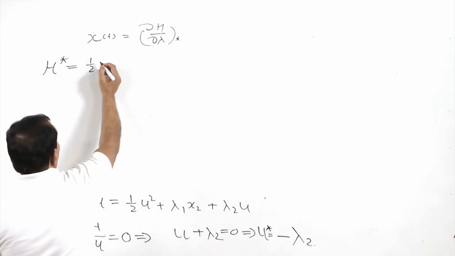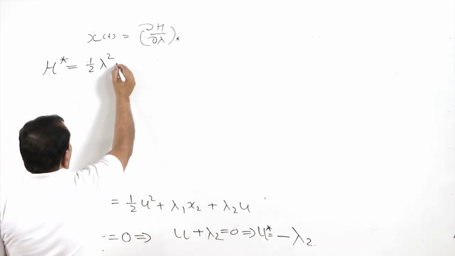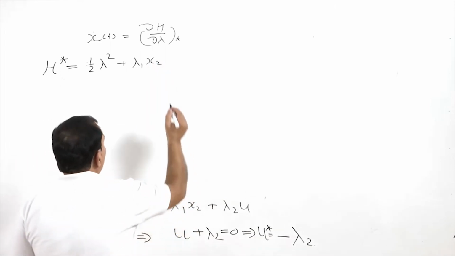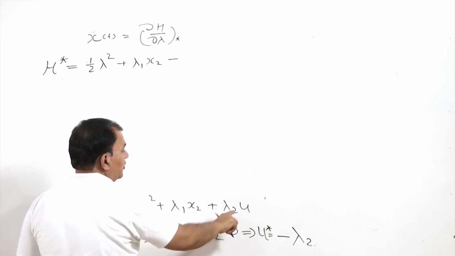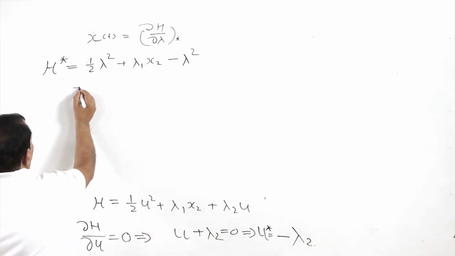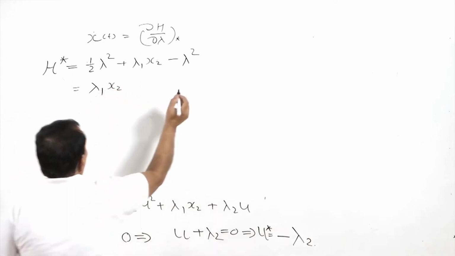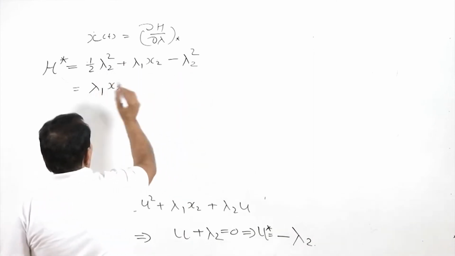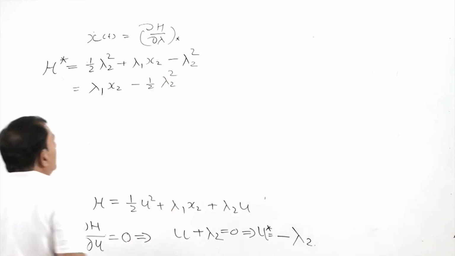So this is nothing but half of lambda 2 squared minus lambda 2 squared. So my optimal h is nothing but lambda 1 x2 minus 1 by 2 lambda 2 square.